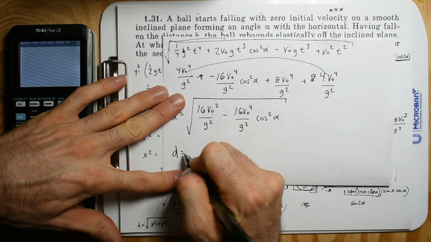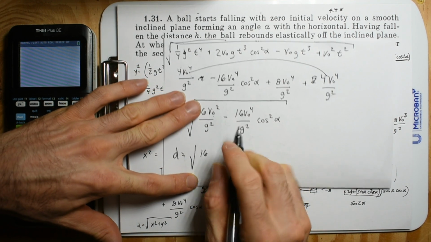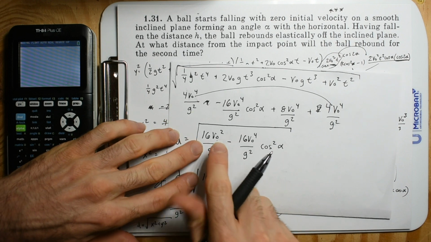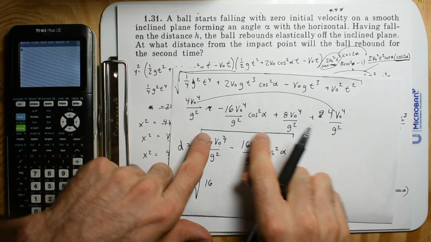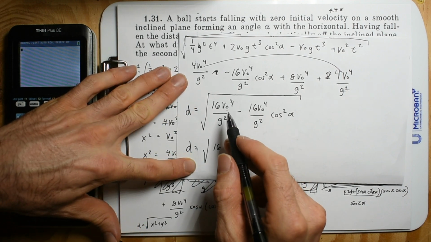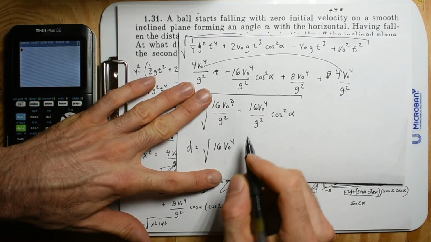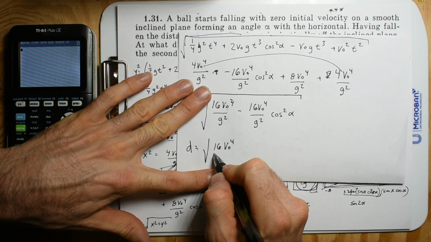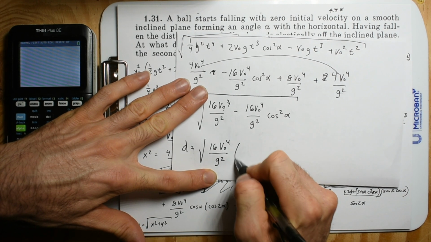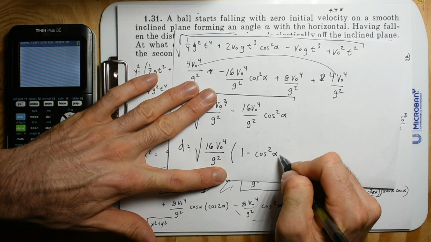So we can say d is the square root of 16. And see, why am I making mistakes? This is v to the 4th. Yeah, that has never changed. So we can totally factor out the 16, the v to the 4th, and now we can factor out the g squared out of this, and we're going to have 1 minus cosine squared.